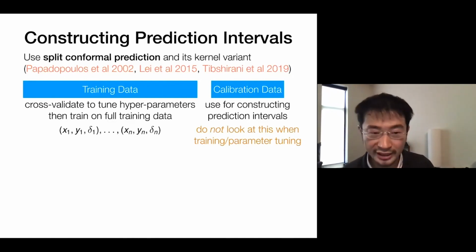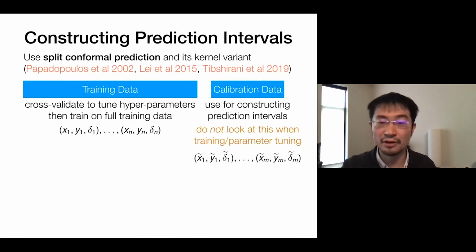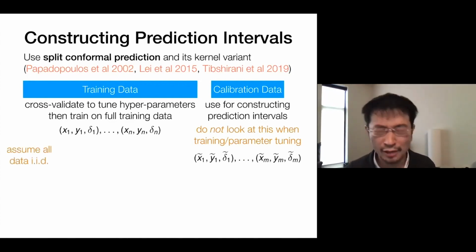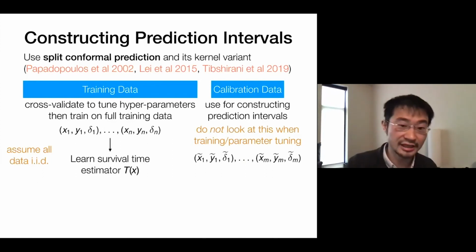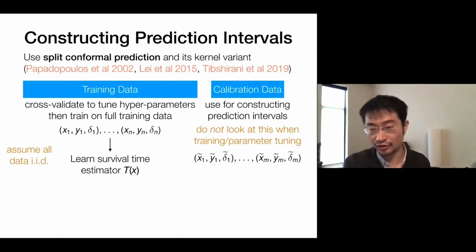For calibration data, I'm going to put tildes on them, and there are going to be M of these calibration data points. I'm going to assume all these data points are generated IID. And I'm going to learn a survival time estimator. This actually does not have to use the neural kernel survival method I proposed earlier. This can use whatever survival time estimator you want.